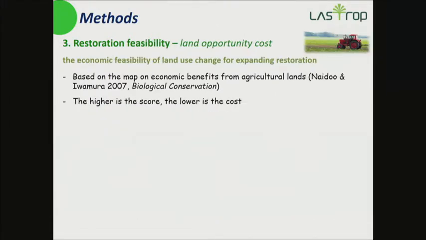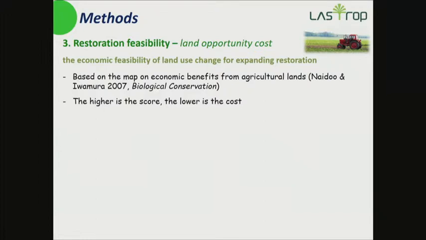Now moving to the restoration feasibility layers, the first one was the land opportunity cost. It's an important variable for determining the potential to expand restoration, because where people get higher economic benefits from agriculture, we may have more difficulties to change or modify land use.